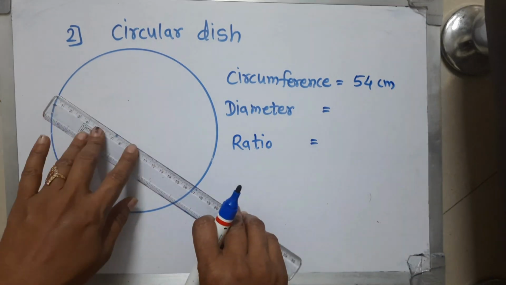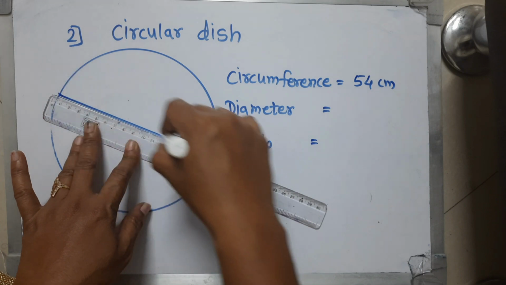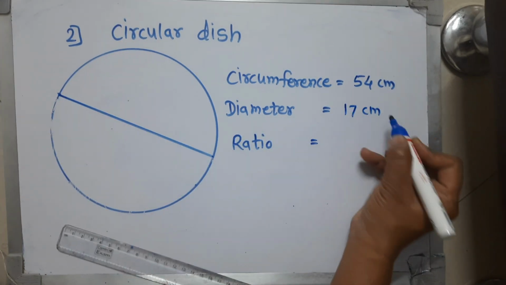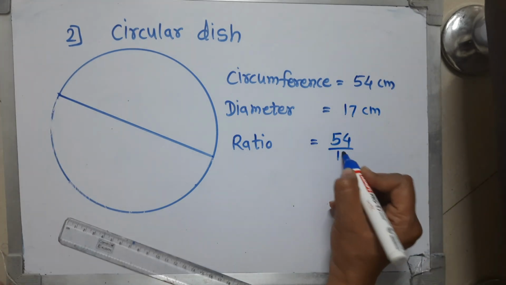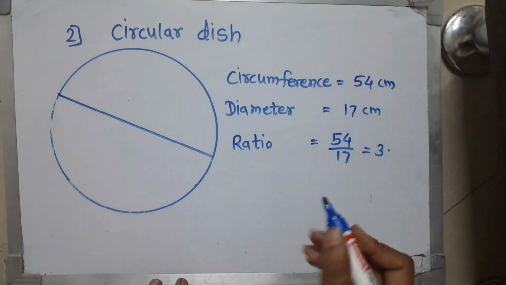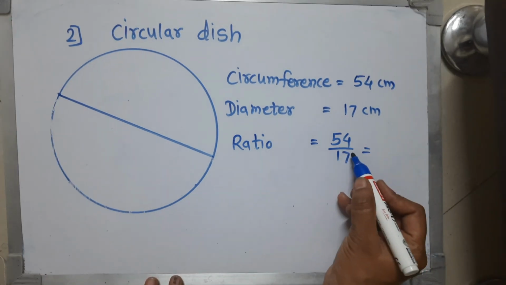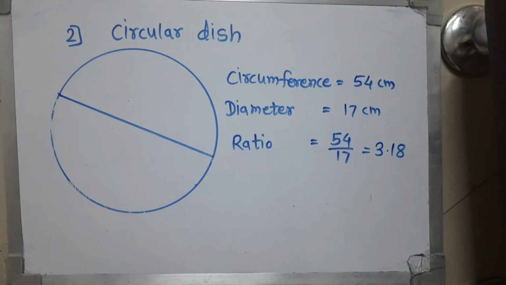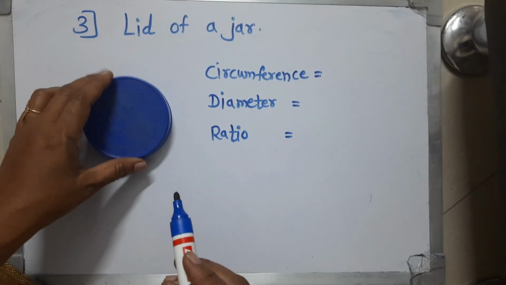Circular dish circumference is 54 cm. And I draw diameter of the circular dish. Diameter measurement is 17 cm. Ratio of this dish is 54 cm upon 17 cm. Ratio is 3.18.